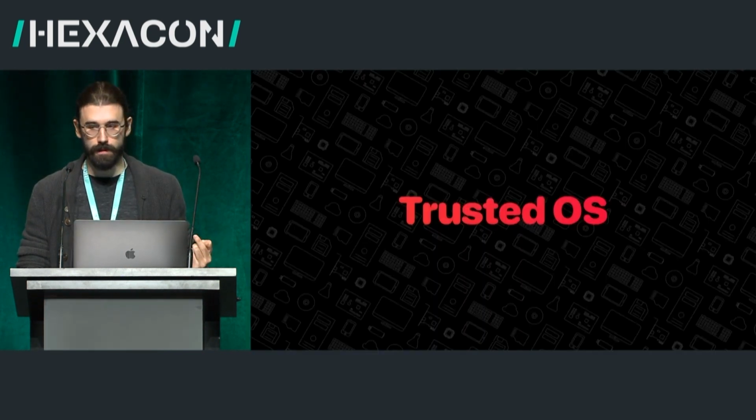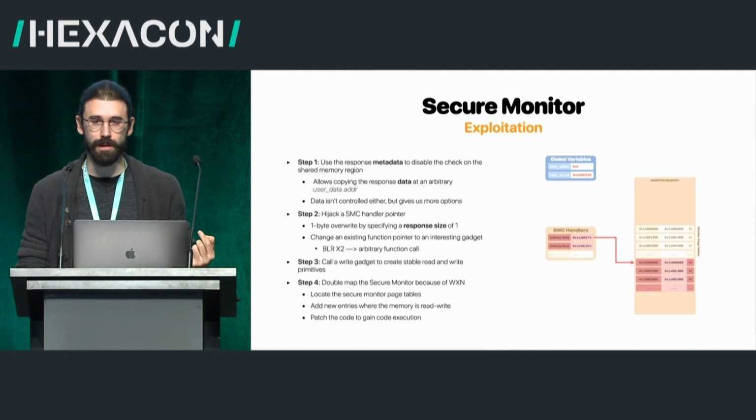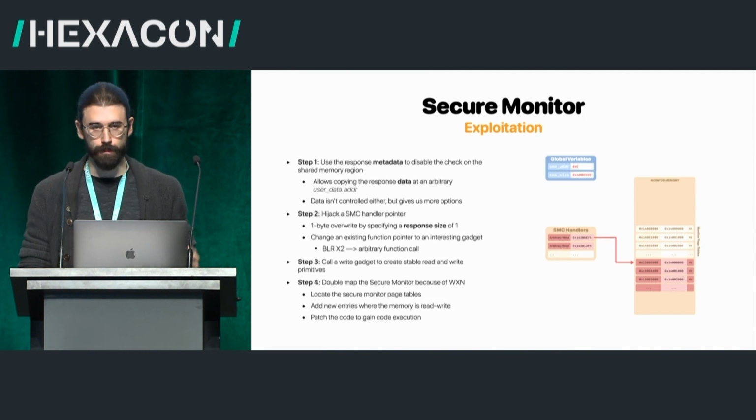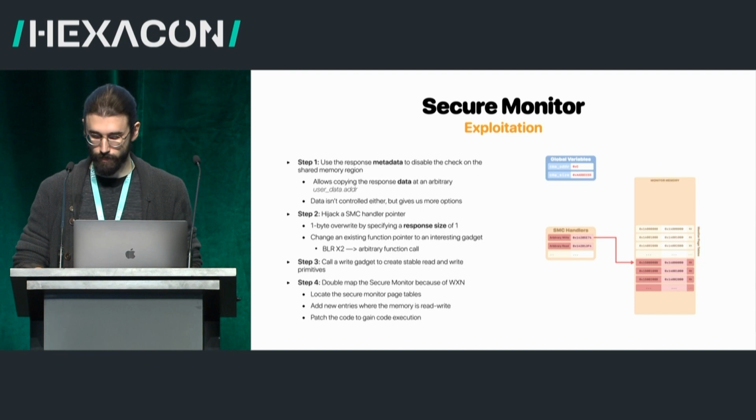Finally, from here, we can patch the secure monitor however we like, and we can get code execution. As I said, the secure monitor is the most privileged component on an ARM device. With this exploit from the kernel, we are able to completely compromise the platform, and we have access to everything in the normal and the secure world.